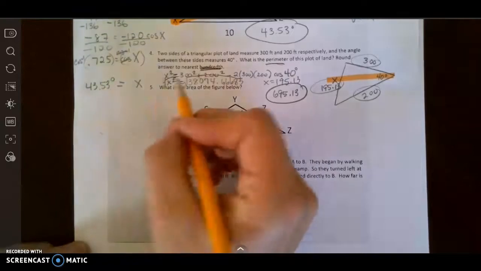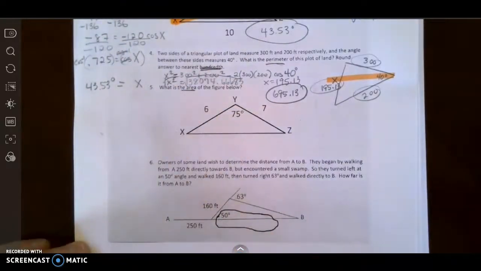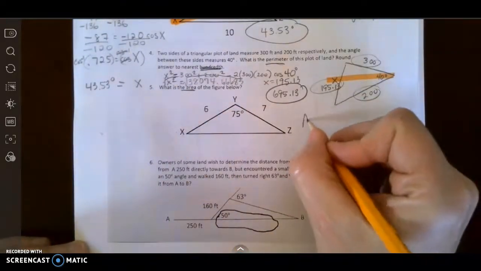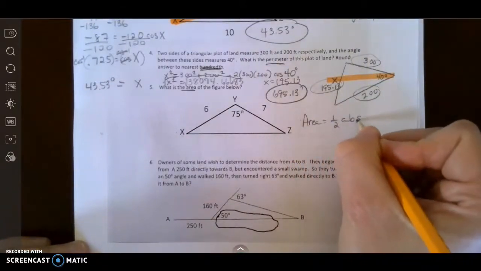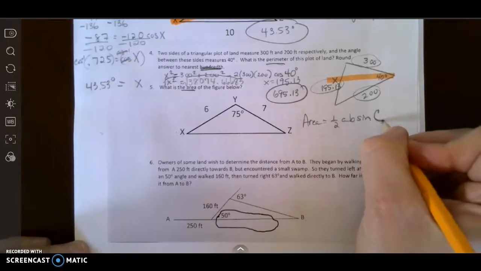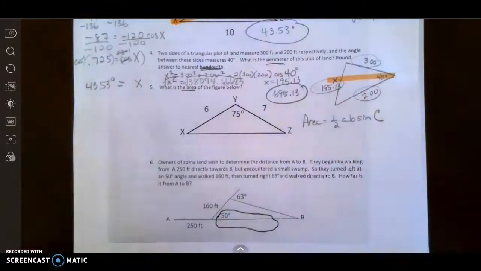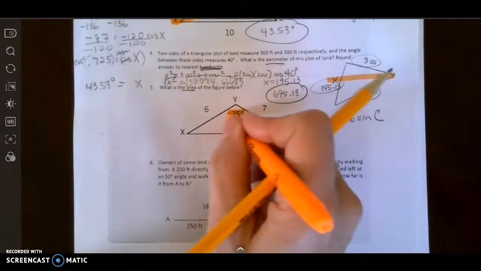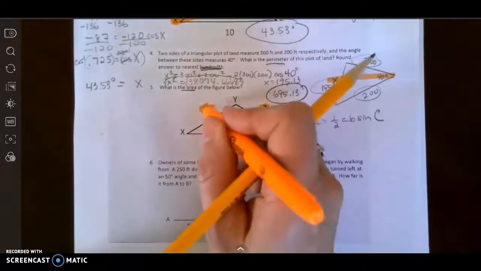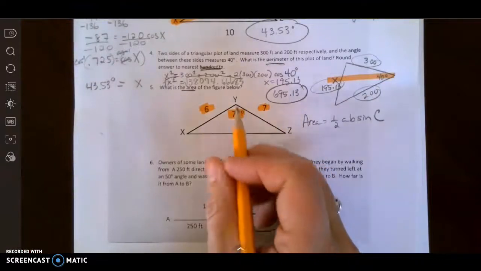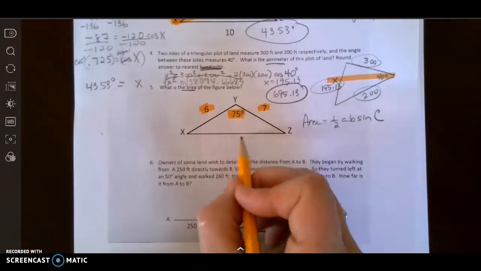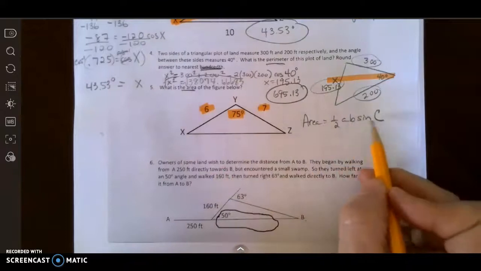It asks for the area of the figure. This is where I'm going to use that formula that area equals 1/2 AB sine of C. So this is my angle and my 2 sides. It has to be side, angle, side. Because this would be side Y, I don't want this side as part of my formula.